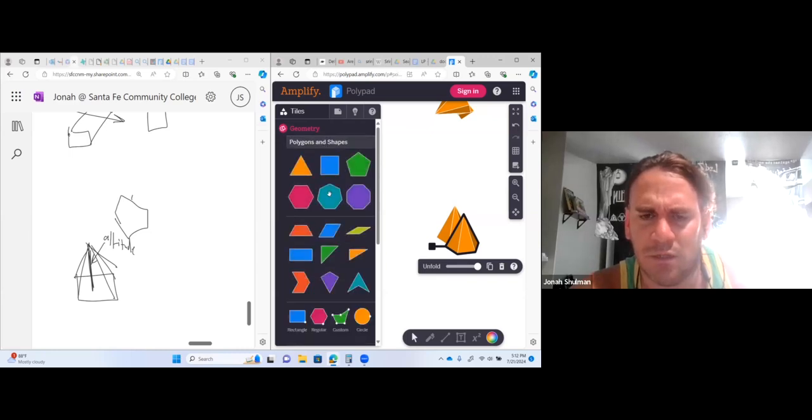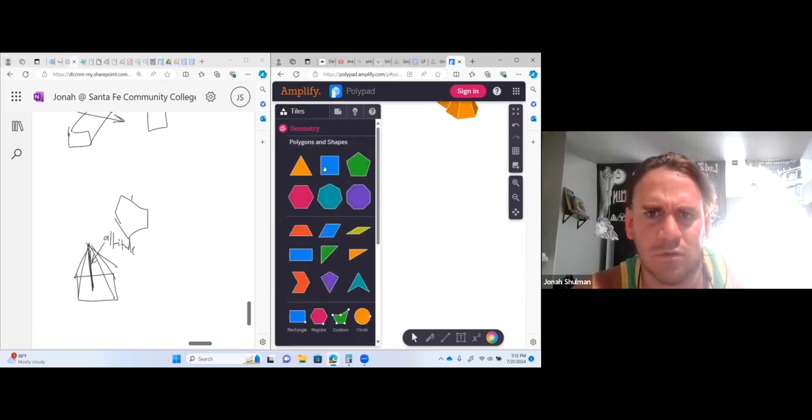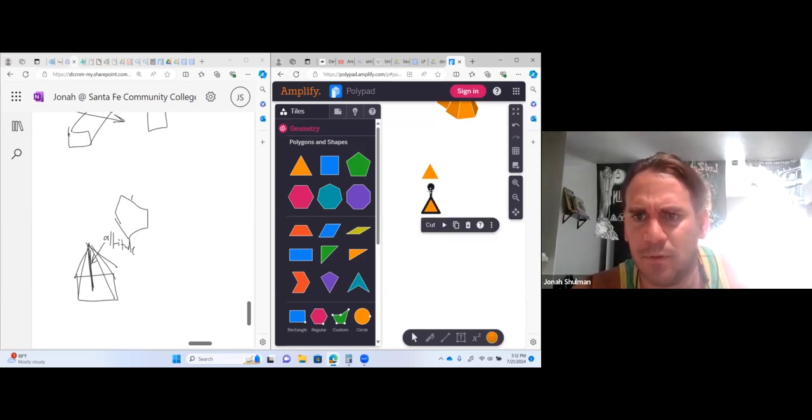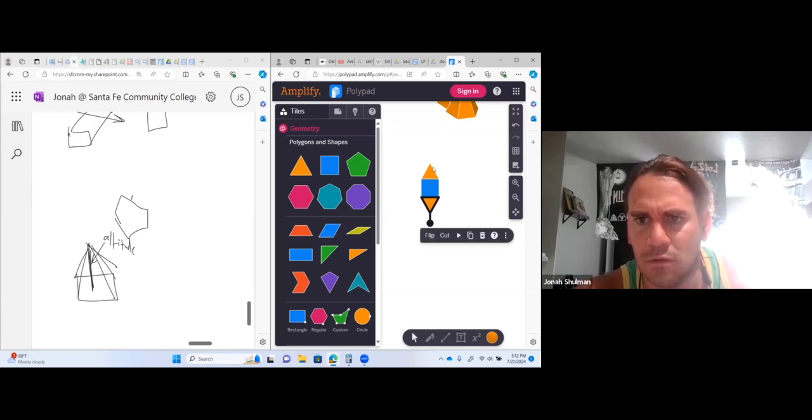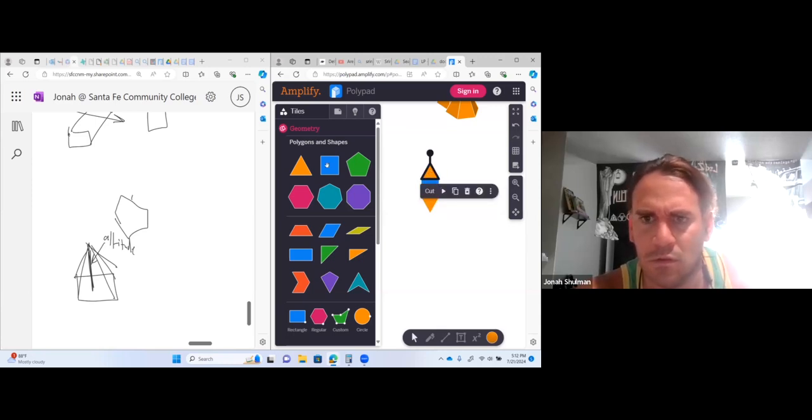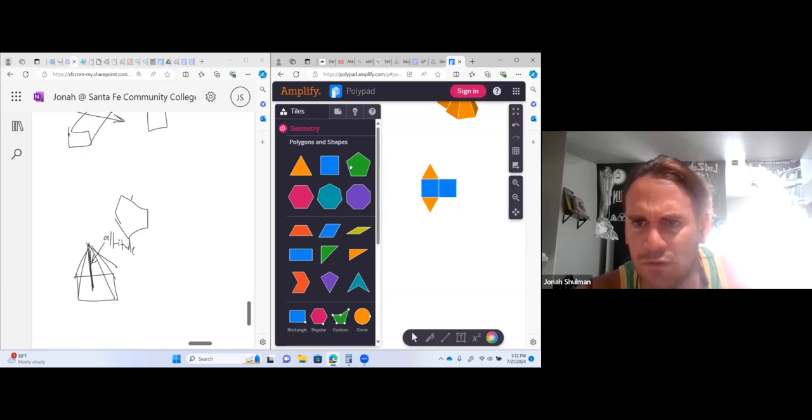Let's do a polygon and let's build one and then cut it up. Let's do a triangular prism. All right, so I need what? Do I need three of them? That looks like it's gonna fold.